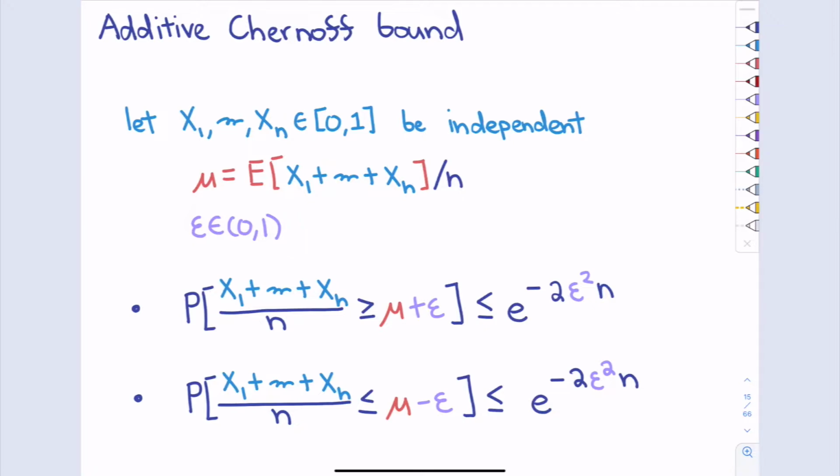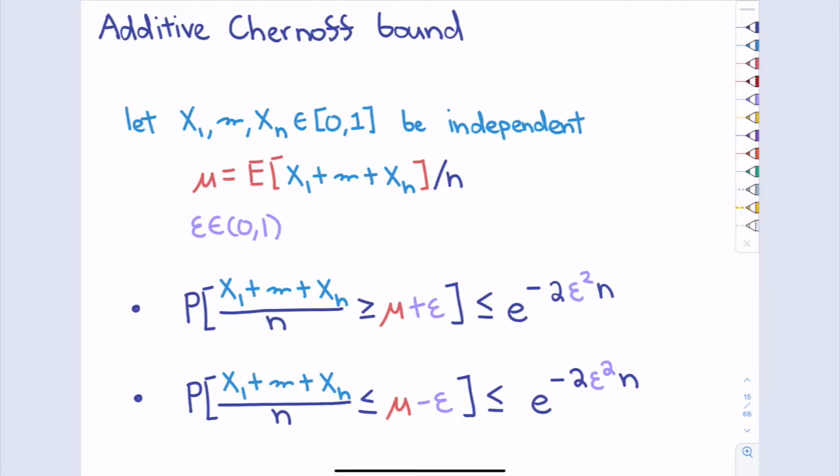So x1 may be different from x2, may be different from x3, as long as they're independent and each individually bounded. I have to think back, but I'm pretty sure we've had many cases where we set up some indicator variables based on the context, and those indicators were different from each other. But you should still be able to assess the average, and usually you do know from the context what the average should be, even if the individual xi's may be complicated.